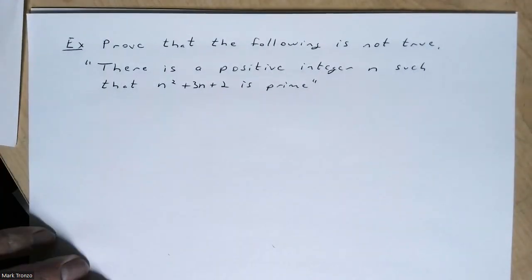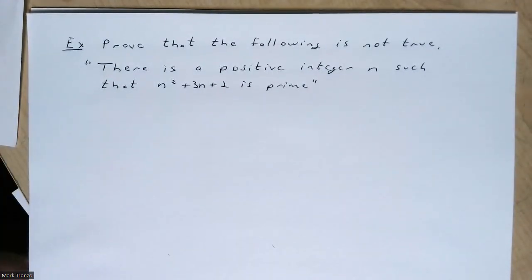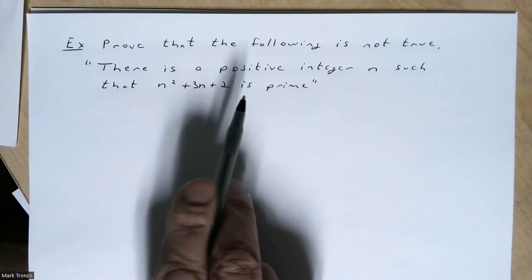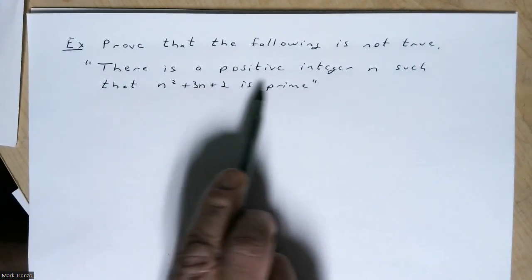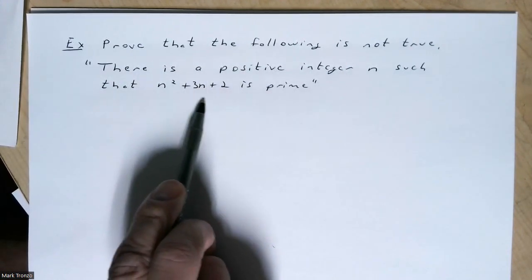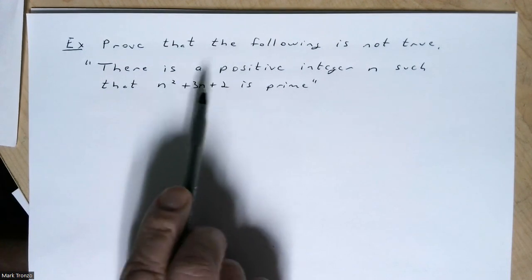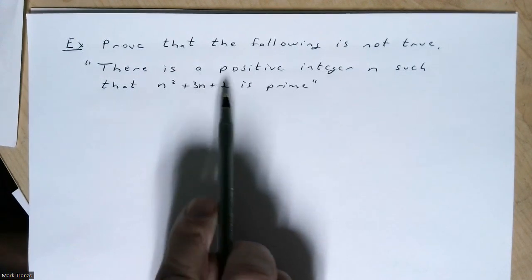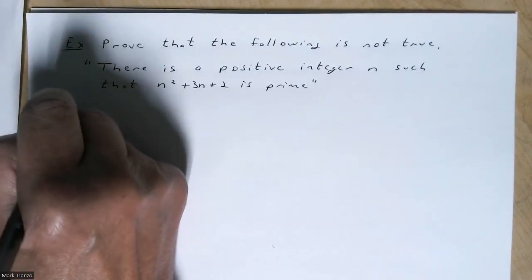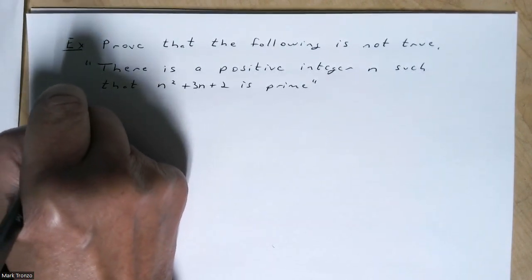Now, this is a little bit different, and we're proving that this theorem is not true. So it says that there is a positive integer n such that this is prime. Now, again, we can't test every possible n, but we can do this in general terms.